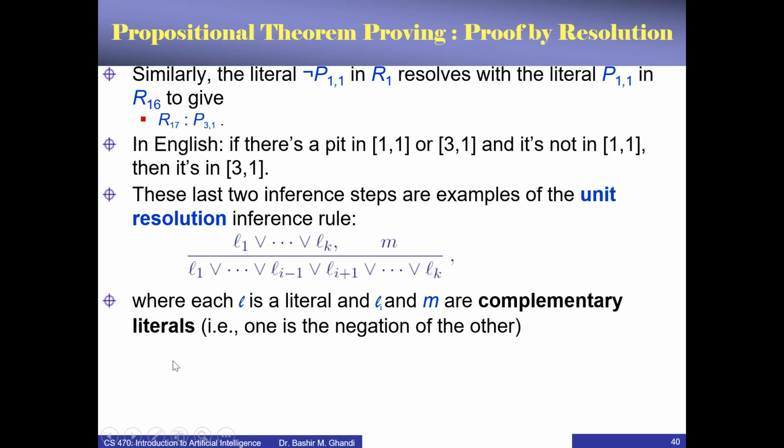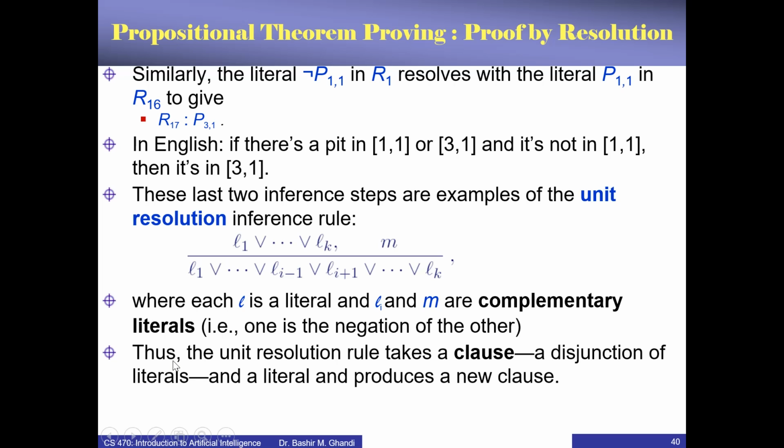So the unit resolution takes a clause, which is a disjunction, a combination of ORs, L1 or L2 or L3 and so on. That is what is called a disjunction. So it takes a clause which is a disjunction of literals and a single literal and produces a new clause. That new clause will eliminate the one that has the complement.